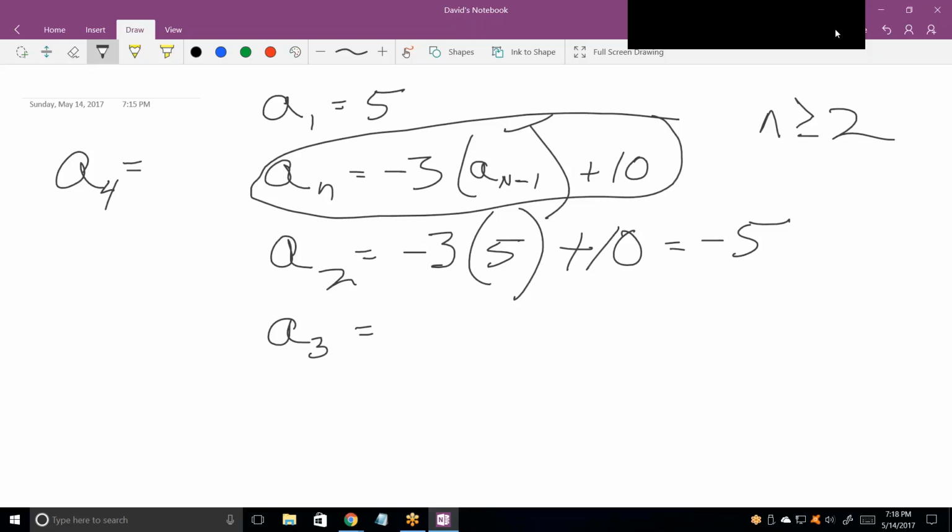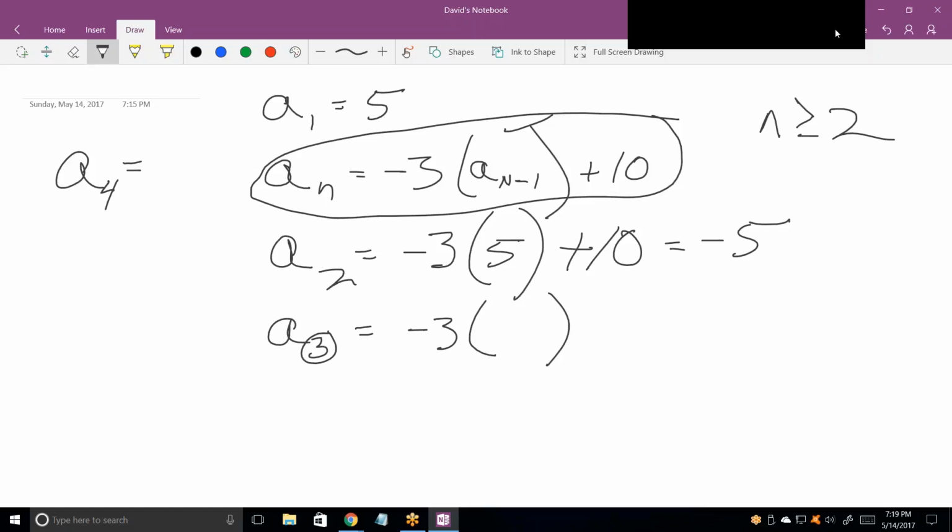But let's finish it. What's a sub 3? Let's just fill it in, spot by spot. So it's minus 3 times... I'm confused on how you plug in the 3 for the n minus 1 with the lower subscript. Here's the n. So we're going to plug it in there.